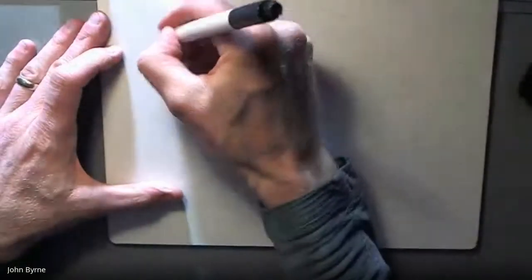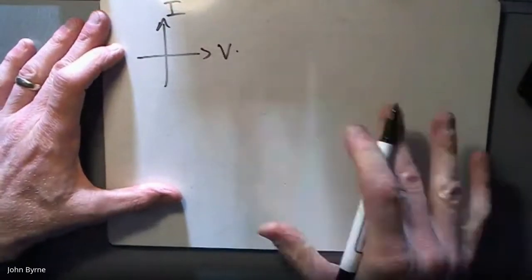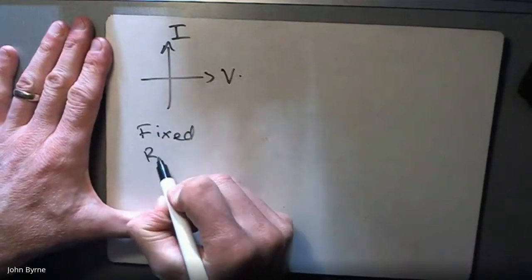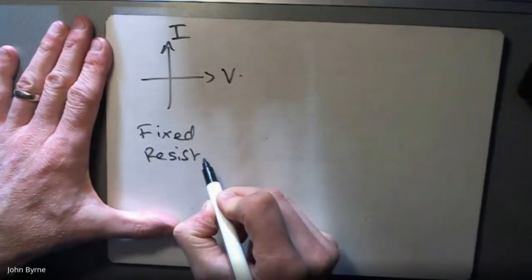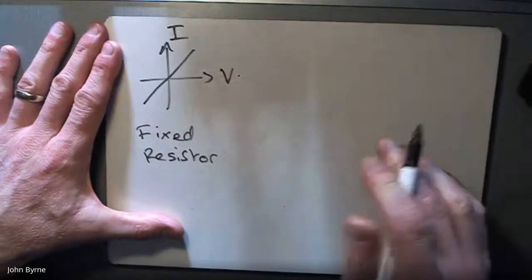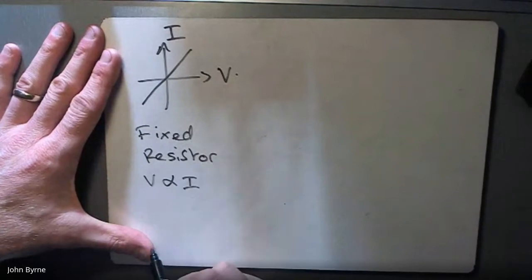If we plot a graph, you might see a variety of things. If it was for a fixed resistor, we would expect a straight line through 0, 0, because a fixed resistor obeys Ohm's law.